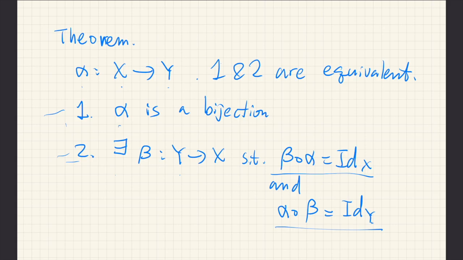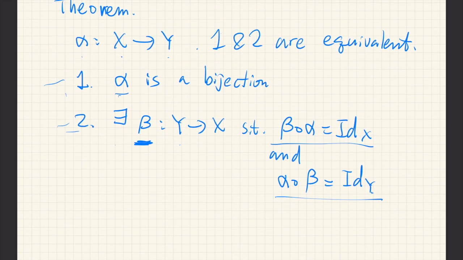Okay. So this implies that if we have a bijection, then we can define its inverse map that is given by this beta. Okay, so beta is a map that reverses the effect of alpha. So it's called the inverse of alpha. So let's see how we can prove this.